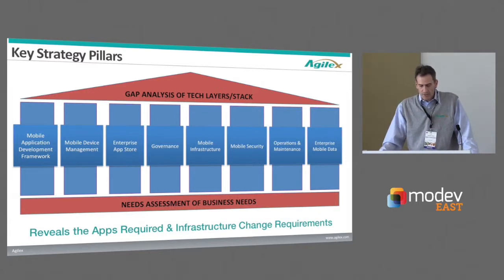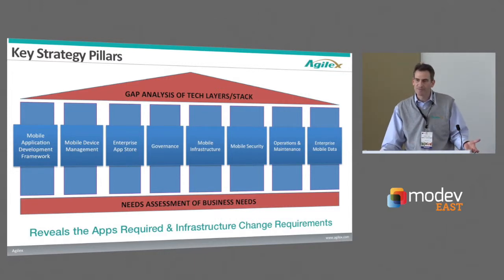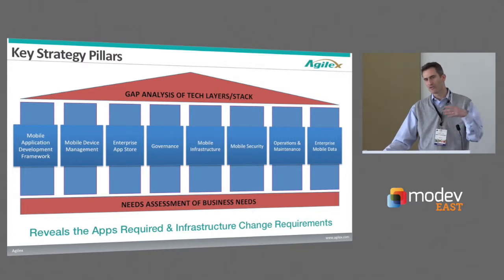And developing the strategy, I think, involves two main activities. One is a gap analysis of all these key layers to understand where the current state of the enterprise is, and then what the change requirements are that are needed to decouple to generate value. So there's an infrastructure task that is involved.